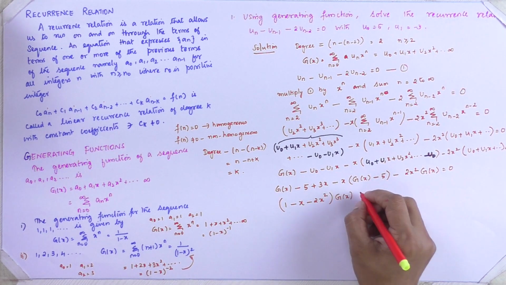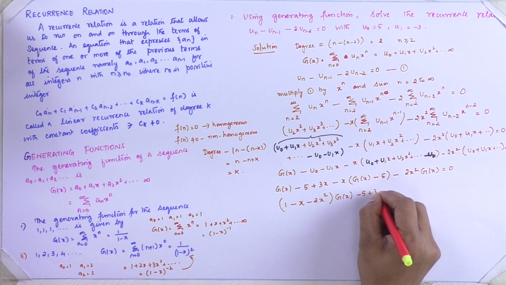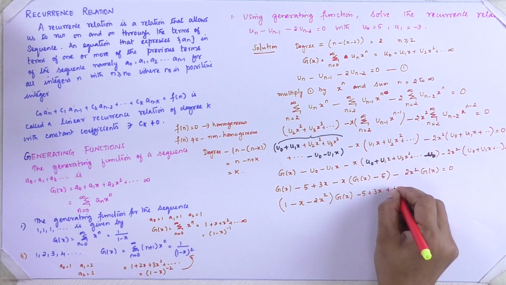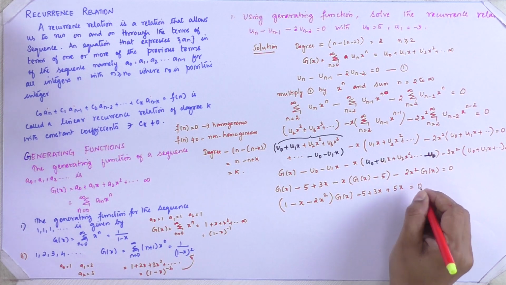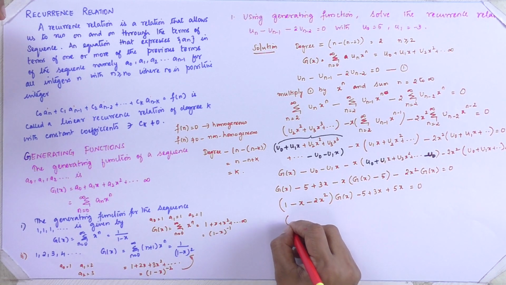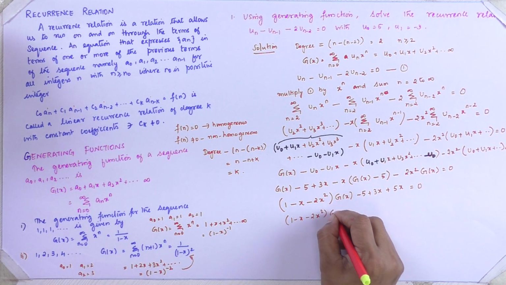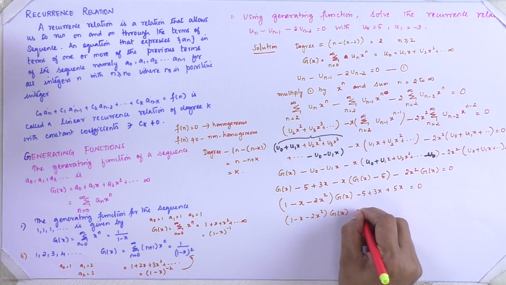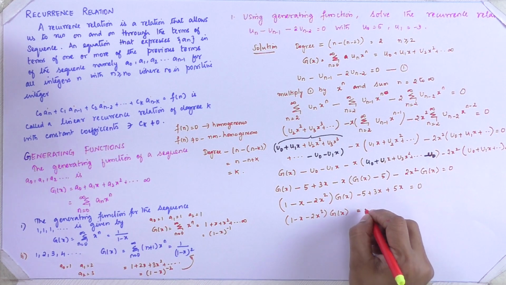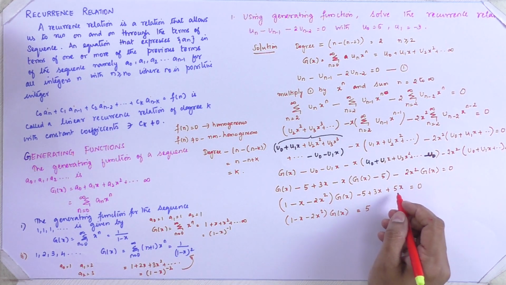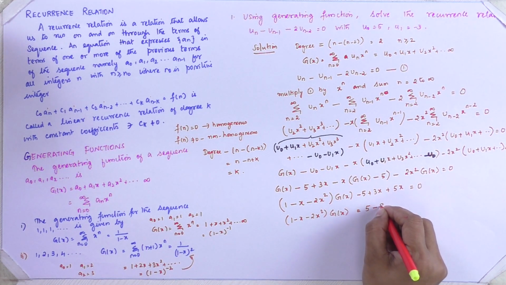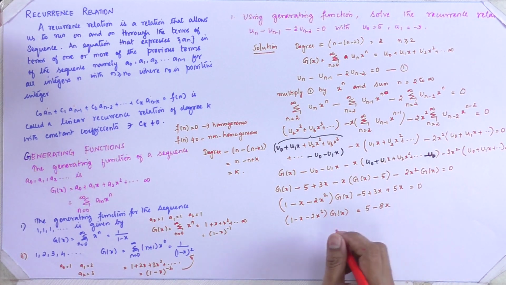I will have minus 5 plus 3x minus to minus is plus 5x is equal to 0, or it will be 1 minus x minus 2x square into g of x is equal to this minus 5, when it goes to the other side it will be plus 5, and this 8x when it goes to the other side it will be minus 8x.